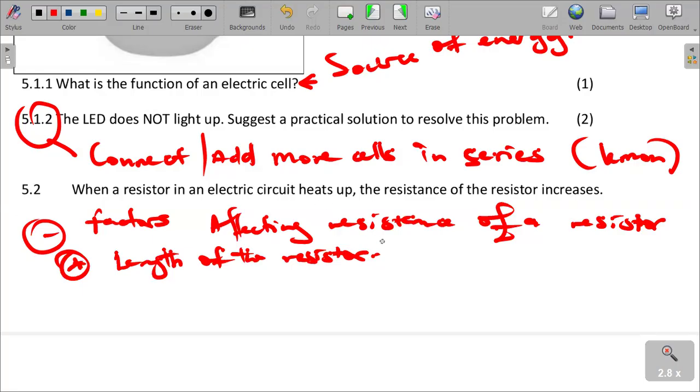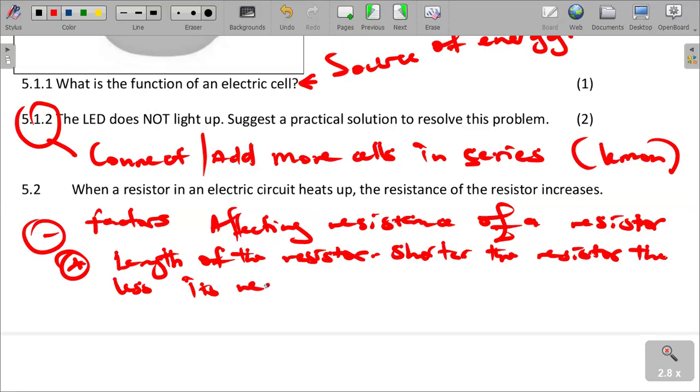The shorter the resistor, the less its resistance, and also the longer, the more its resistance, is correct.